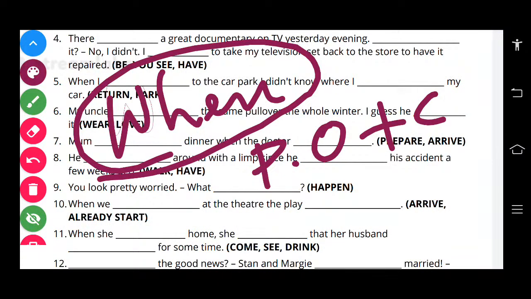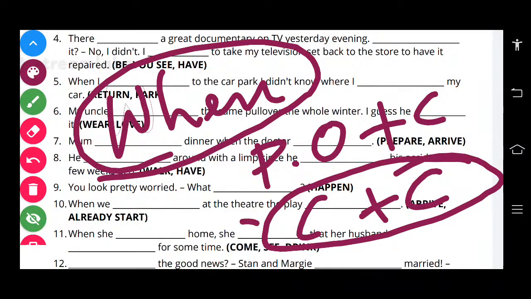But at the same time we use when to express both as completed actions, when both refer to only one person. In that case we can say, when I opened the door, I fell down.